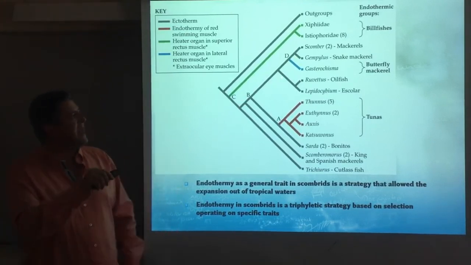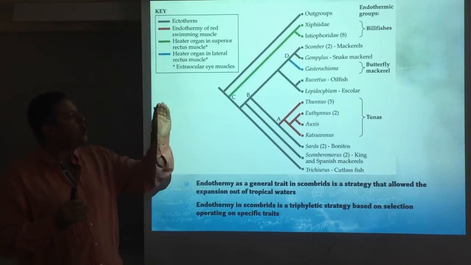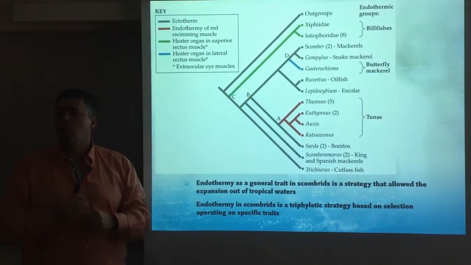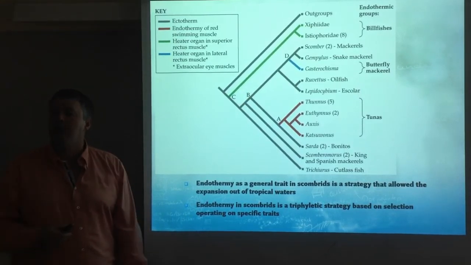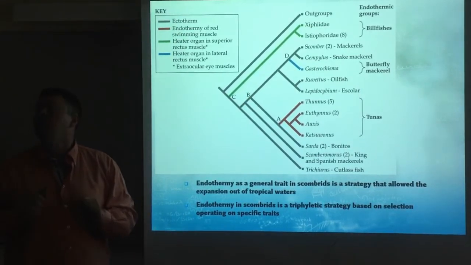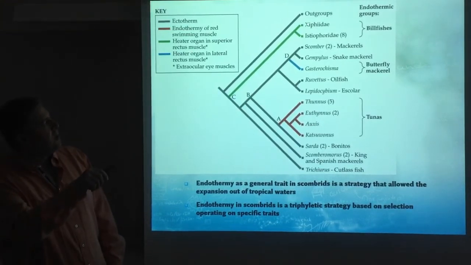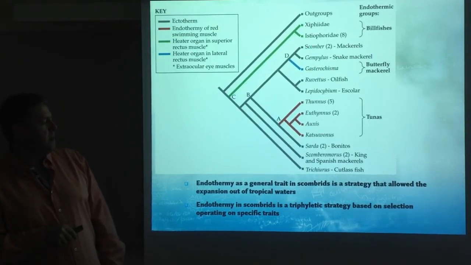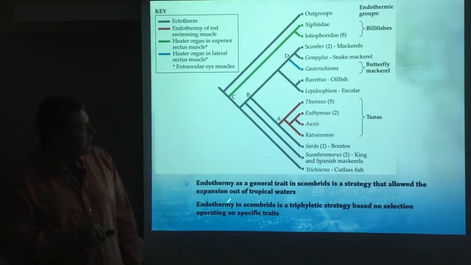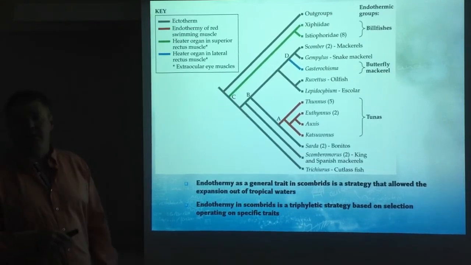Every time an animal has had a particular need, we suppose, to heat up or to maintain a region of the body at a higher temperature, it has come up with a similar solution, regional endothermy, but a different method. It's different muscles in this case. But it's the same solution. So in this case, we could say that endothermy in scombrids is actually a triphyletic trait because it appears 3 times. And it's different every time.